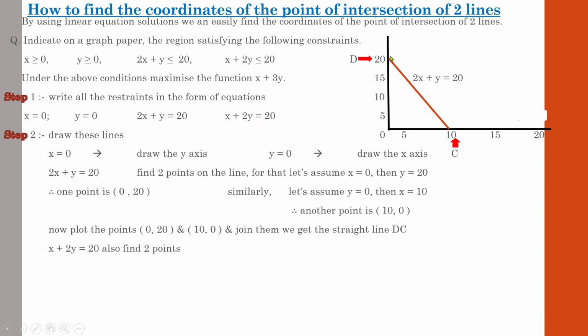And remember, once you draw a line, the name of the line is 2x plus y equal to 20 because you have found this line by solving this equation. So write this equation either parallel to the line or closer to the line. Anyway, you need to identify that this line is obtained by solving this equation. So the next linear equation is x plus 2y equal to 20. In this equation also you need to find 2 points.